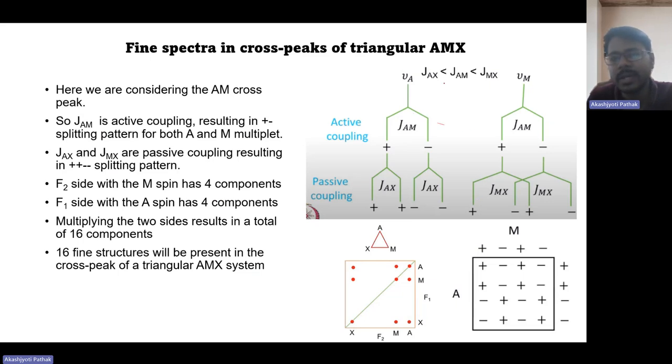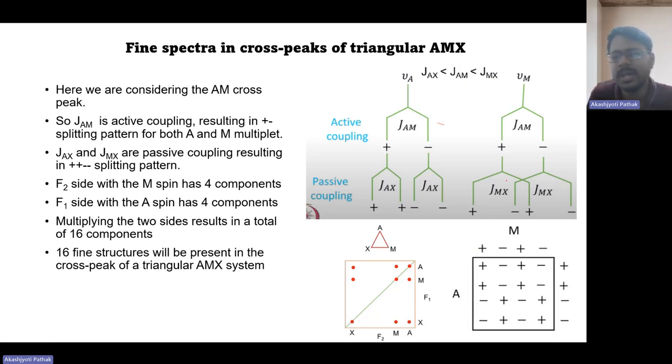If you have the condition that the J coupling constant between A and X is lesser than the J coupling constant between A and M, and this is also lesser than the coupling constant between M and X, then in a similar way you can calculate this.